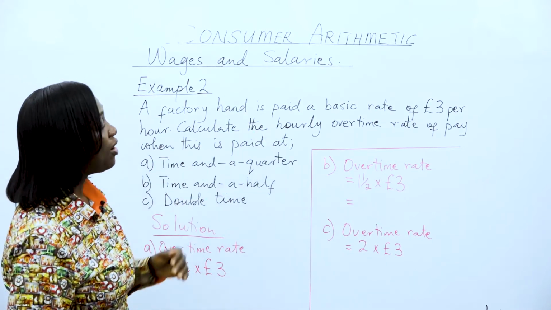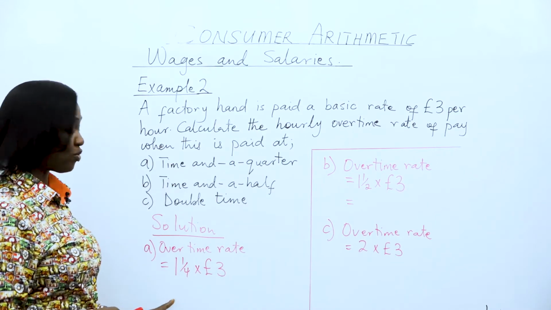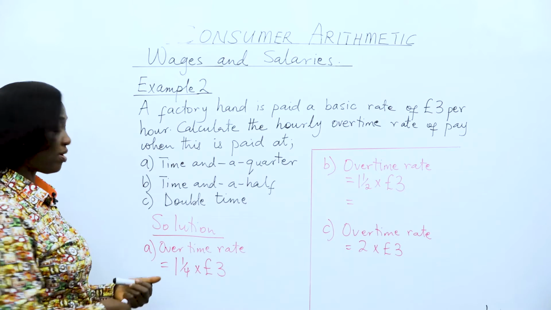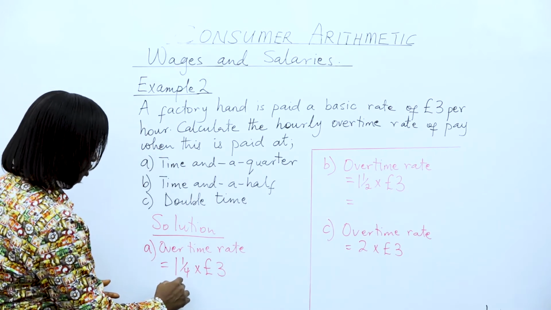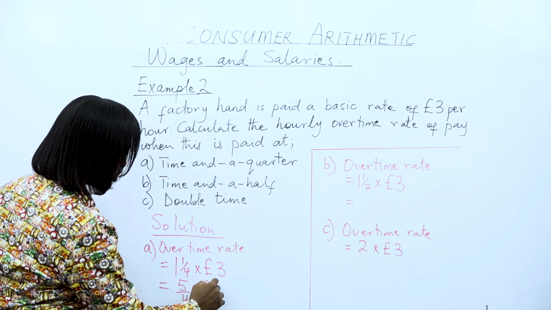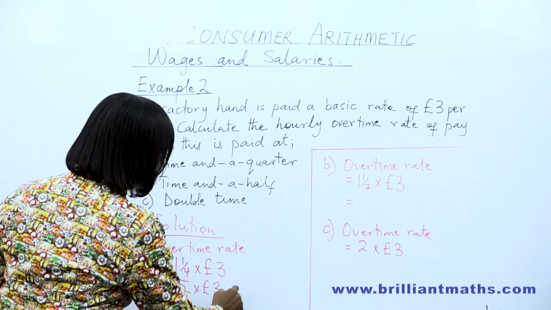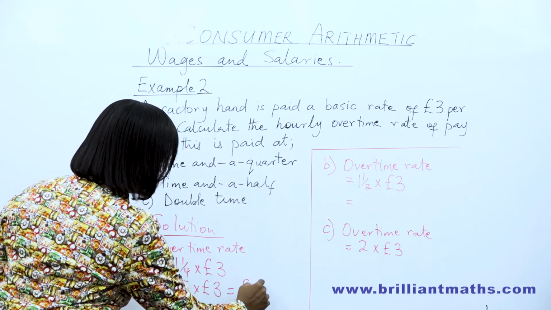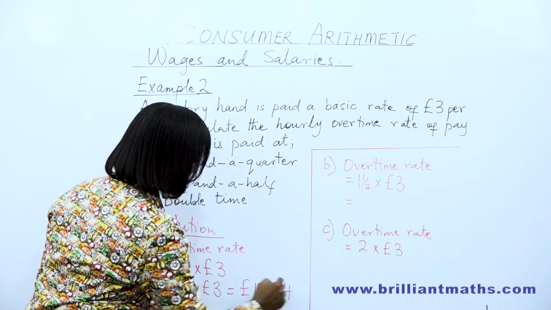So for £3, overtime rate would be 1/4 times £3 added to £3. And that will give us 5/4 times £3. And that will be equal to £15 divided by 4.